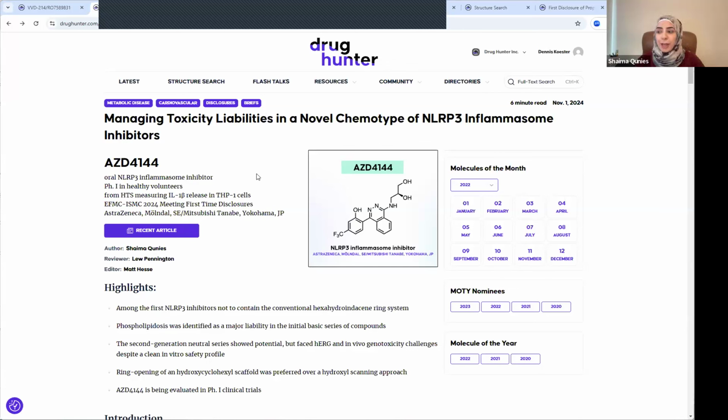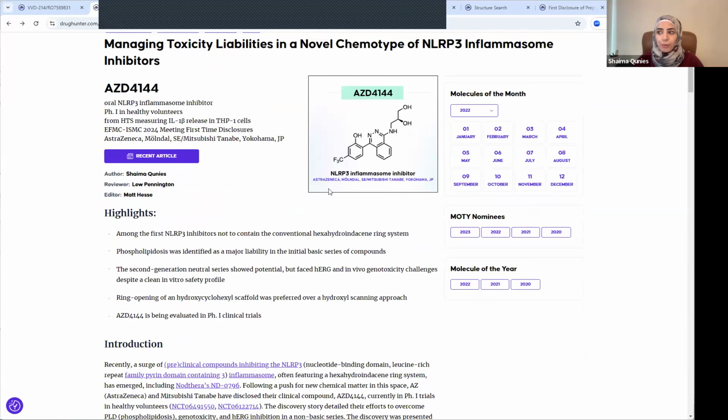An example is one of our latest first-time disclosures, which is about the NLRP3 inhibitor AZD4144 from the EFMC ISMC in Rome that I will briefly share with you today.